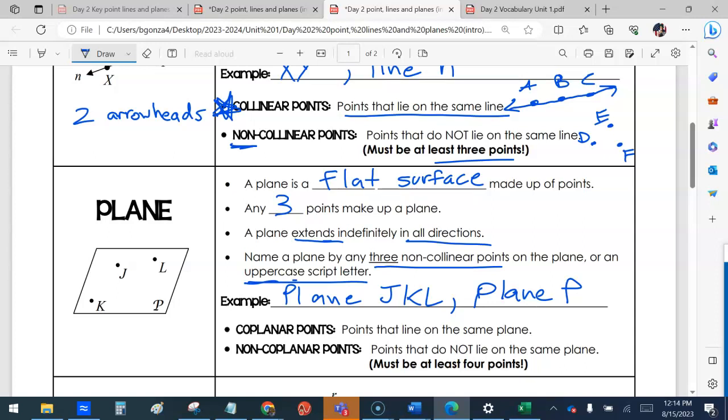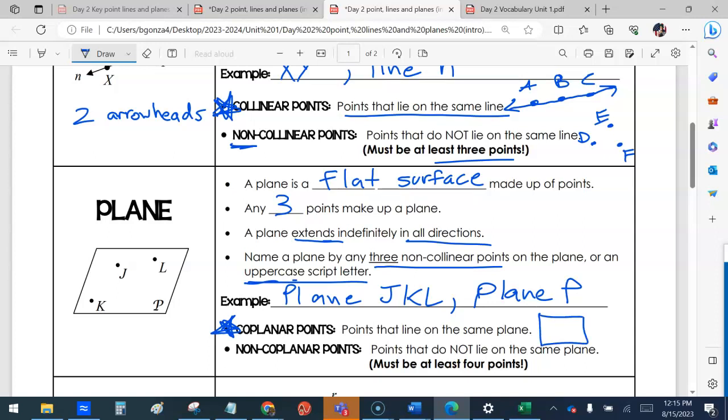Now let's talk about non-coplanar. You got to know that for the test too, so make sure you star that. If collinear means points on the same line, coplanar means points on the same plane. Okay, that means they're going to be on the same flat surface. So points that lie on the same plane.